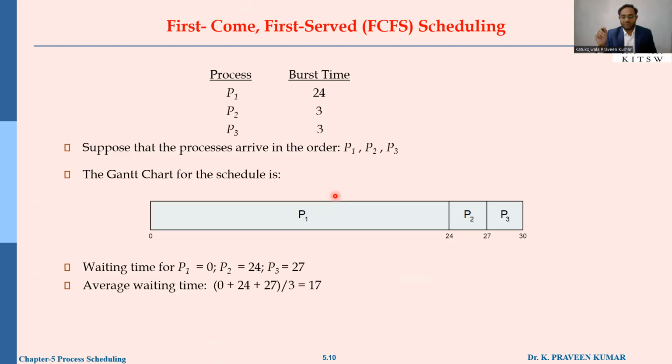In first come first serve, the process that comes first will be served first. Let us take this example and find the average waiting time. Our main aim is finding the average waiting time, and that must be less.